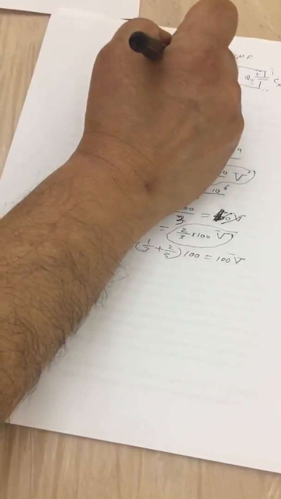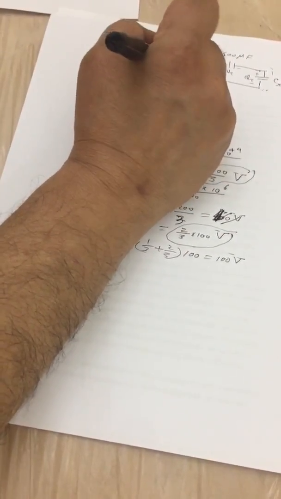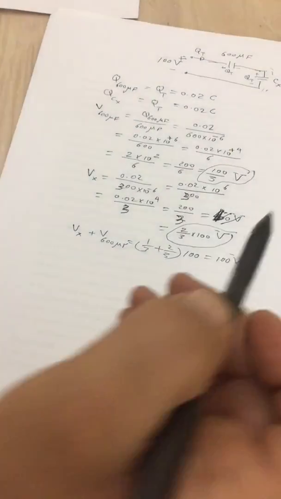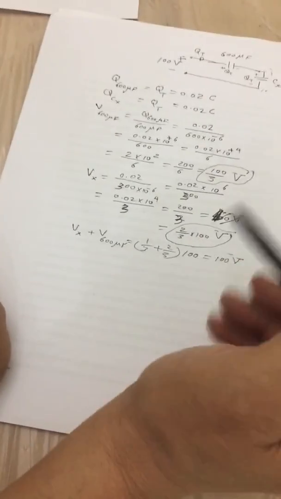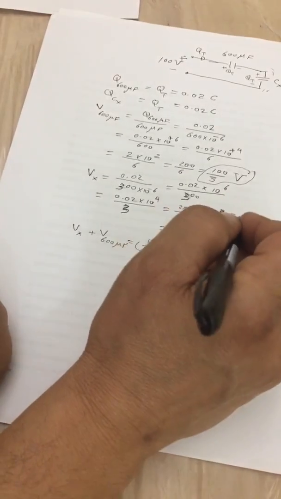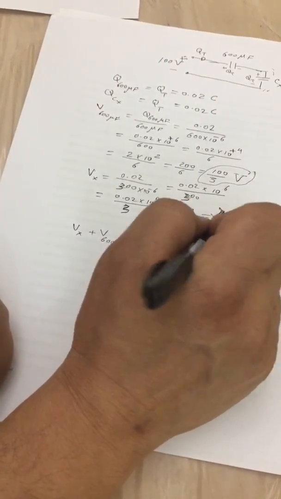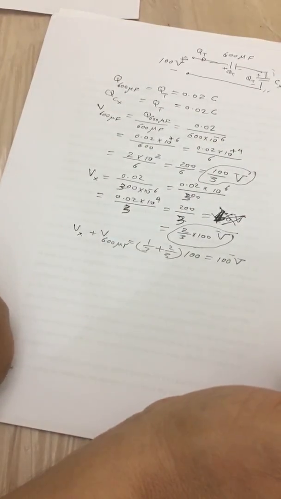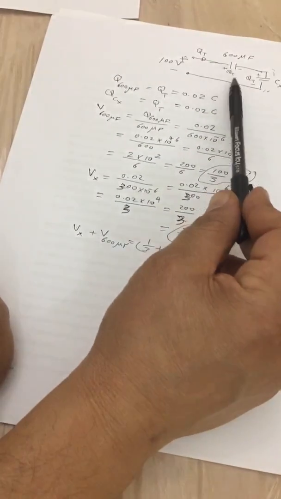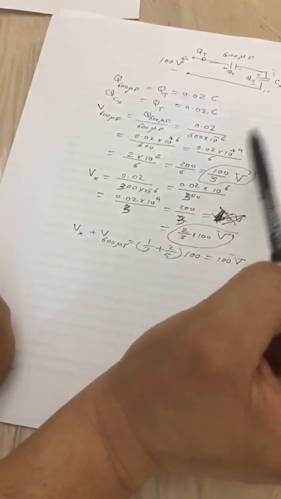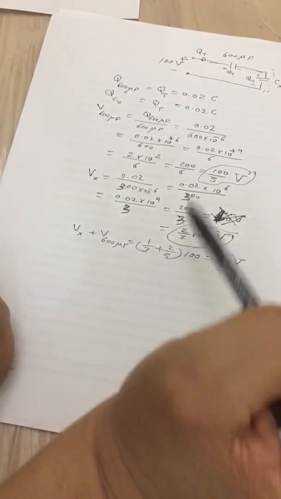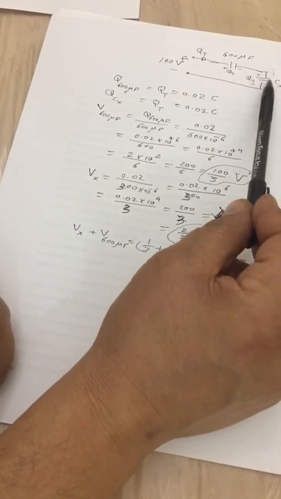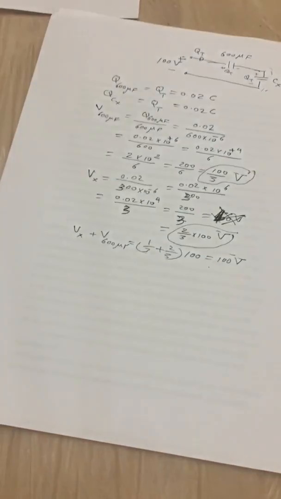So what we have here is actually plus minus 100 volt. Always check your answers; you'll discover the mistake. Okay. So 1/3 of the 100 will be across the 600 microfarad, and 2/3 of the 100 will be across the 300 microfarad.